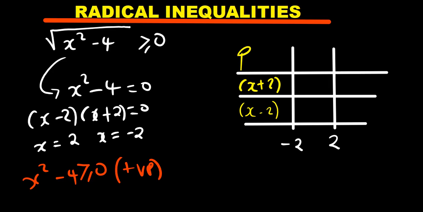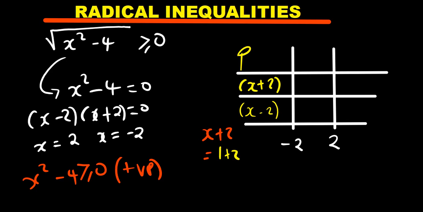Now which equation gave us negative 2? It's the equation that is on top, x plus 2. In this x plus 2, if we choose any number greater than negative 2, let's say 1, it would be 1 plus 2, which gives a positive number.